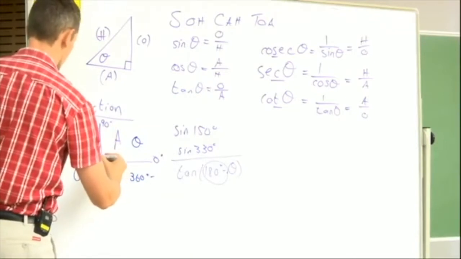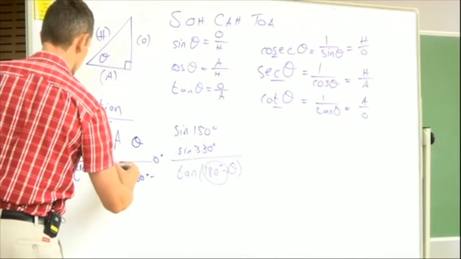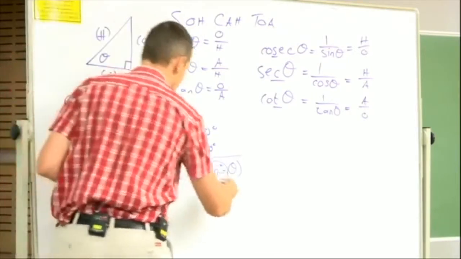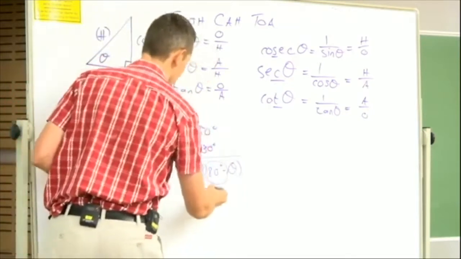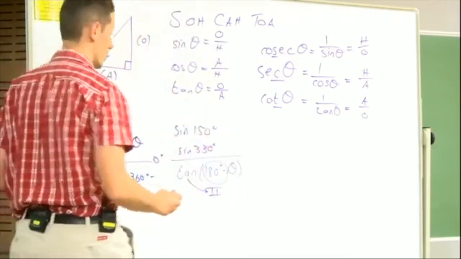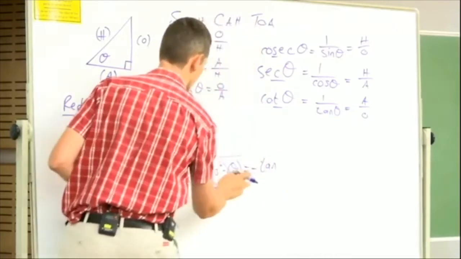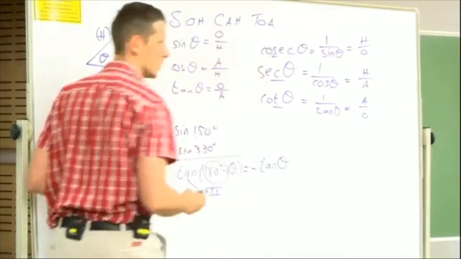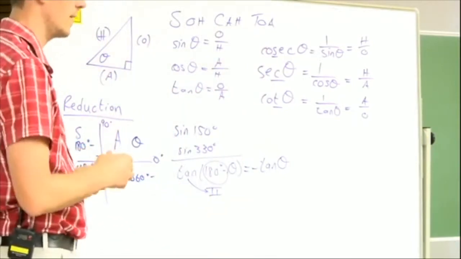There's 2, 3, 4. So that tells me second quadrant. Tan, is it positive or negative there? So it's going to be negative tan of theta.